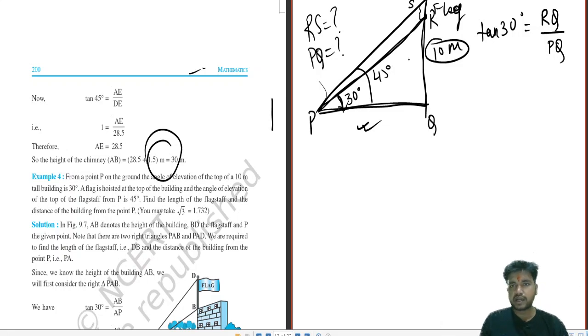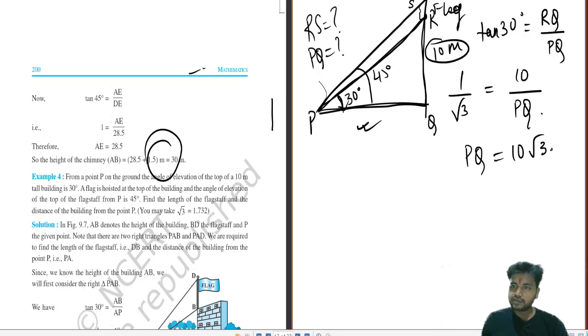So we can't take this help. We'll take the help of tan theta. So tan theta equals 1 by root 3 and RQ's length is 10 and PQ we have to find out. So PQ equals 10 root 3 meter. So the second question has been solved. The distance of the building from the point P, okay, that is 10 root 3.